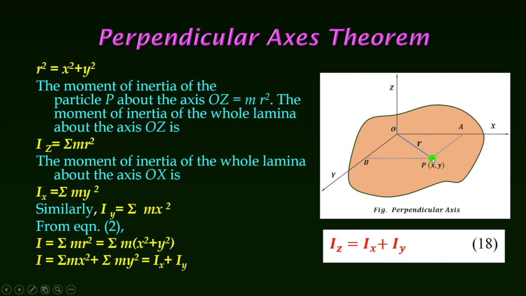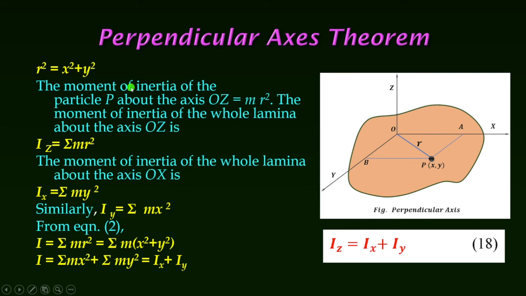I repeat, the perpendicular distance of the particle from the x axis is y, from the y axis it is x, and from the z axis it is r. Now what's the relation? r square equals x square plus y square.